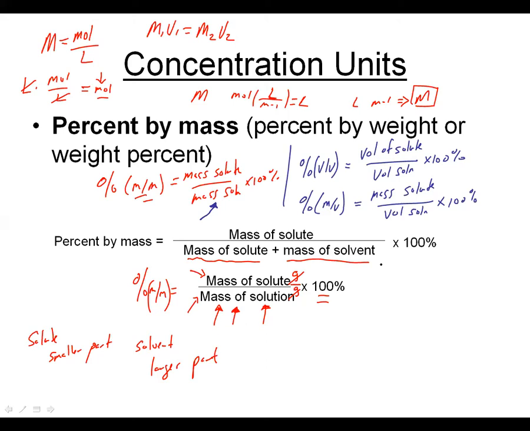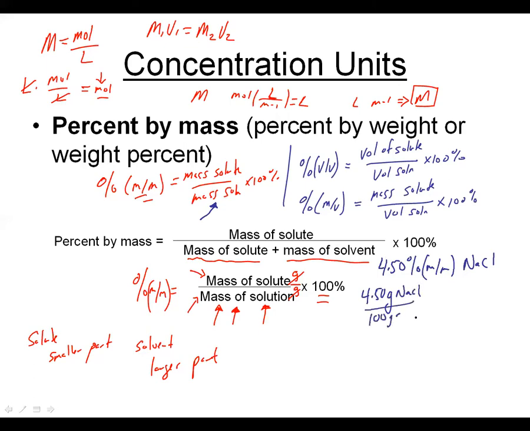For example, if I had a 4.5% mass to mass solution of sodium chloride, remember that the name of the solution is really the solute. So the solute here would be sodium chloride. The solvent would be something like water. What that means is we technically would have 4.5 grams of sodium chloride in 100 grams of solution.